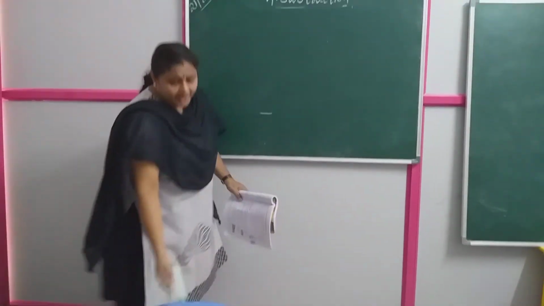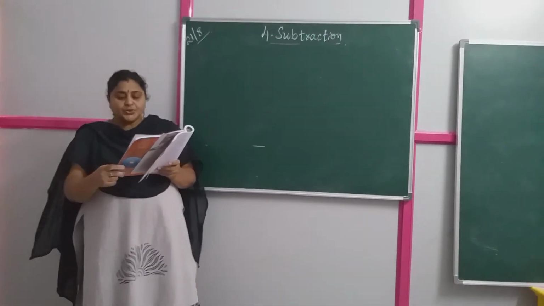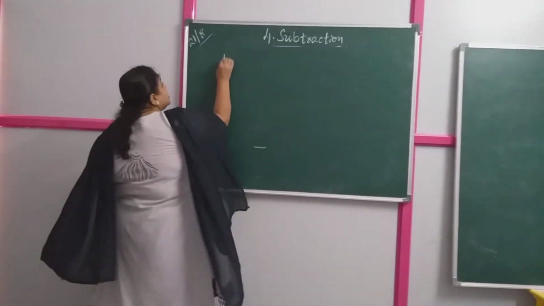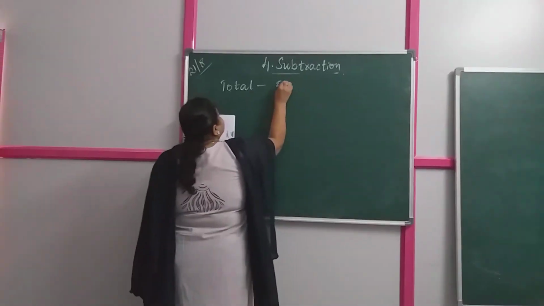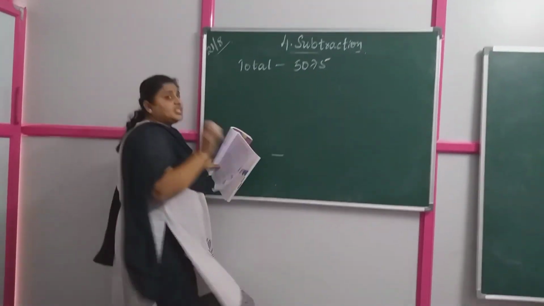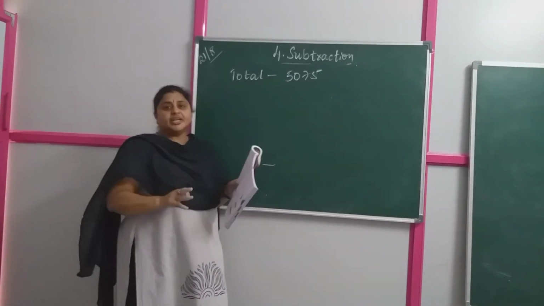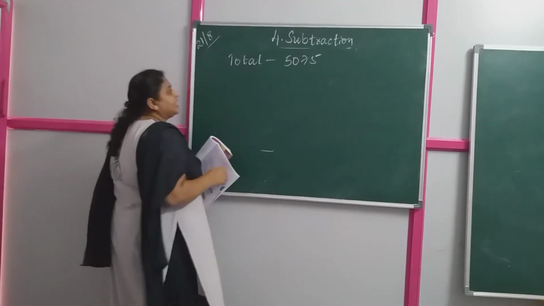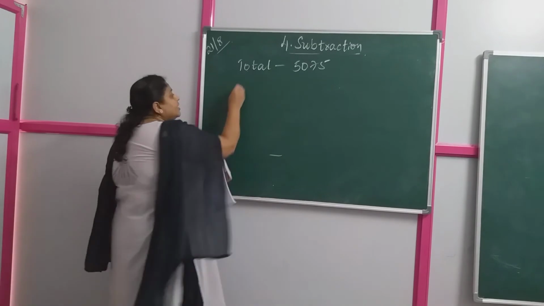Now what is she doing with the balloons? She distributed 2295 red balloons. Total balloons, how many did she buy? 5075. Okay, I am just explaining this to you, children. You have to solve all the word problems on your own. Now total balloons she bought, 5075. Out of this 5075, she distributed red balloons.